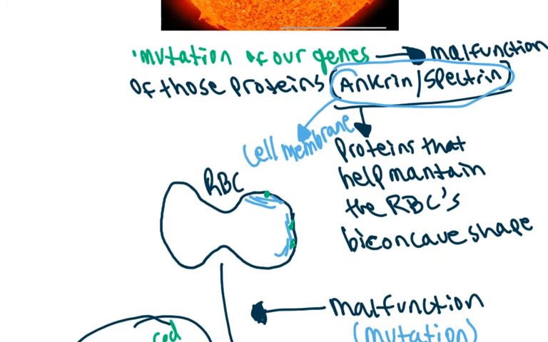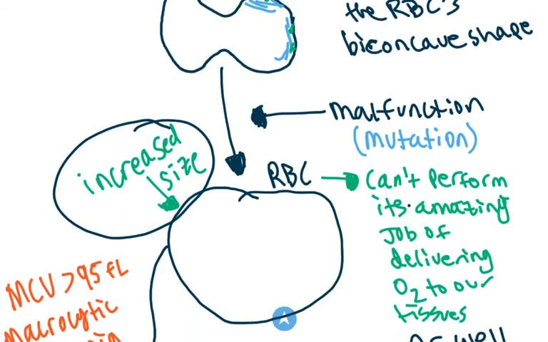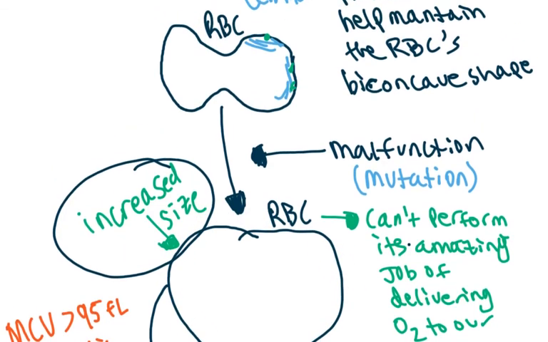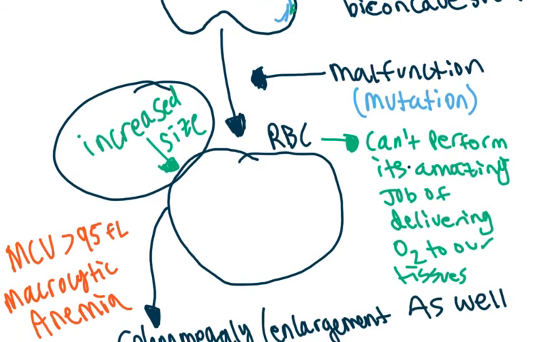However, people with hereditary spherocytosis have a mutation in the genes that code for the ankyrin and spectrin proteins. So we have a malfunction of those proteins, which can lead to an irregular shape or a too big spherical shape, right? Which is why this anemia is called hereditary spherocytosis.